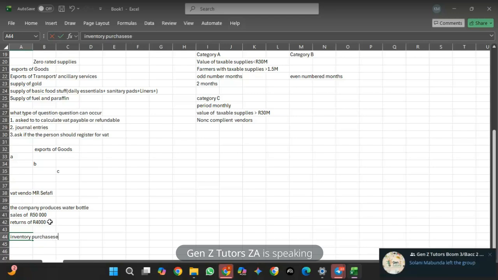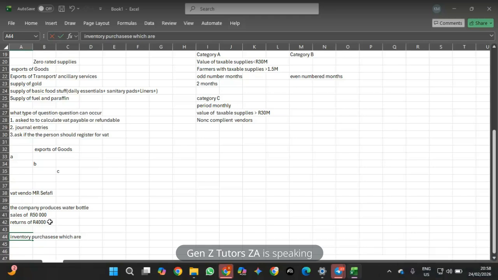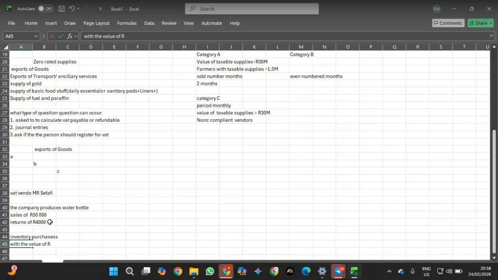Inventory purchases. Inventory purchases of inventory with the value of 20,000 was purchased from an international supplier, right?